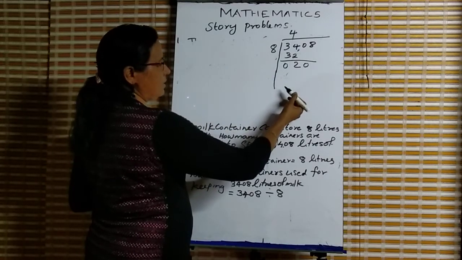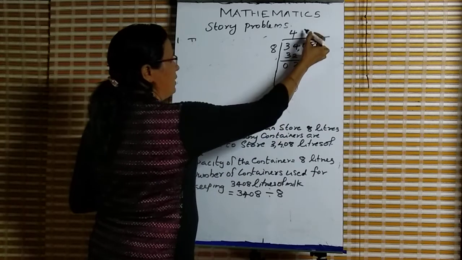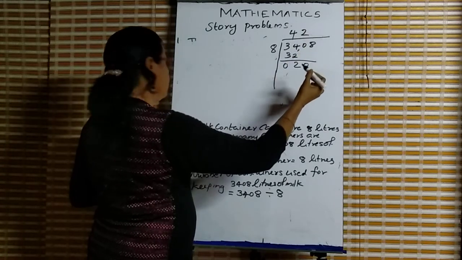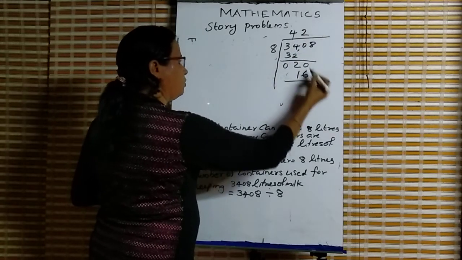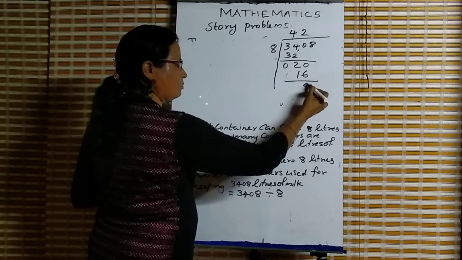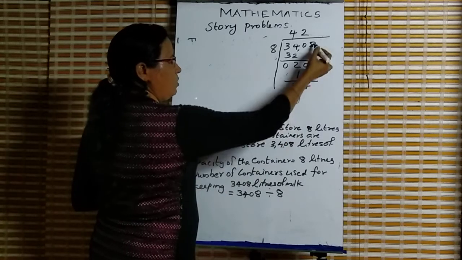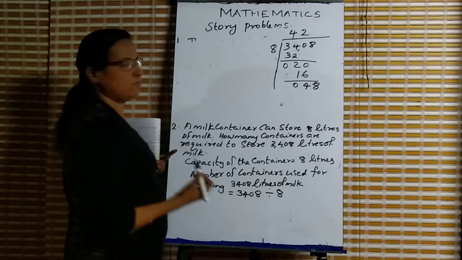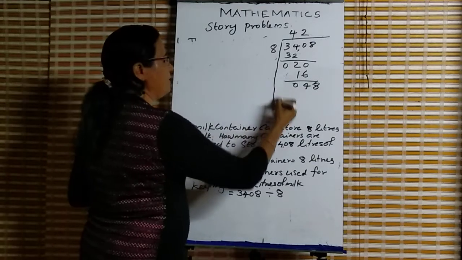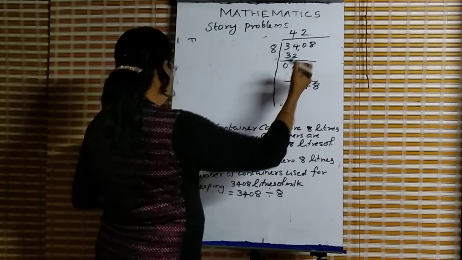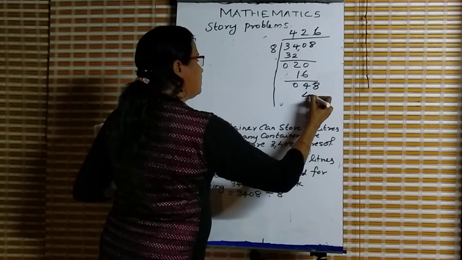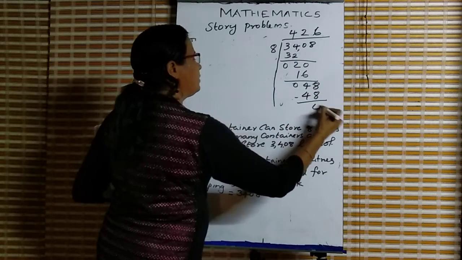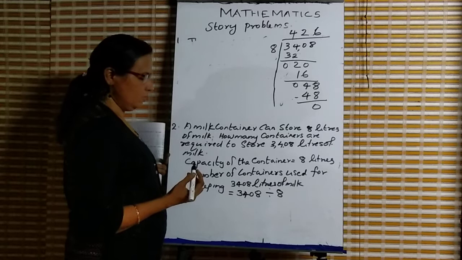How many 8s are in 20? 2 eights are 16. 20 minus 16 is 4. Next number 8, so 48. How many 8s are in 48? 6 eights are 48. 48 minus 48 is equal to 0.